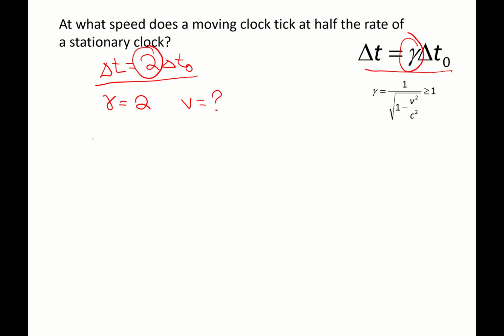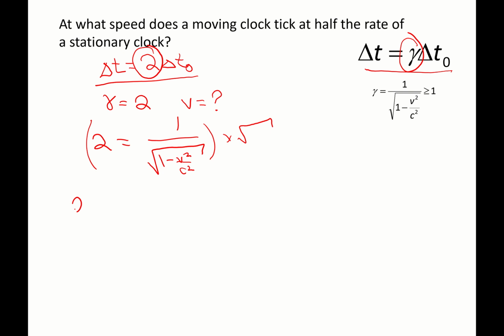So now I'm going to say 2 is equal to 1 over the square root of 1 minus v squared over c squared, and I've got to rearrange that equation to give me v. So the first thing I want to do is get things out of the denominator. I also want to get things out of the square root. So first let me multiply both sides by that square root.